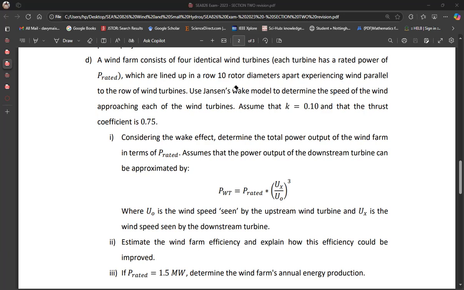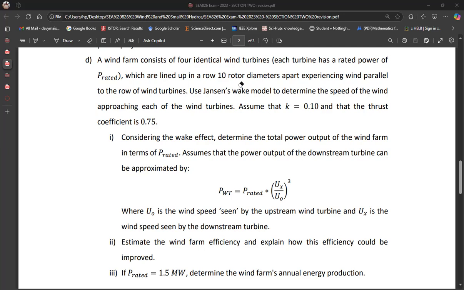But the first turbine causes a wake which reduces the velocity going to the second turbine. And now the wind experienced in the second turbine is also reduced before it reaches the third turbine, and so on and so forth.